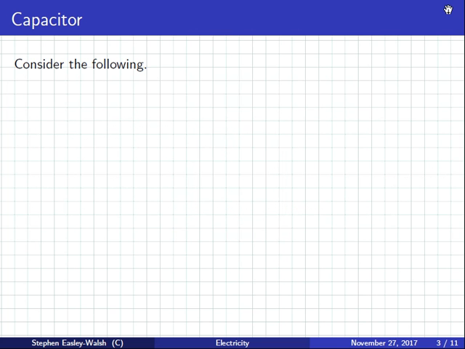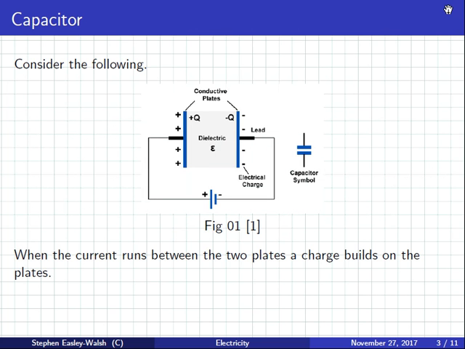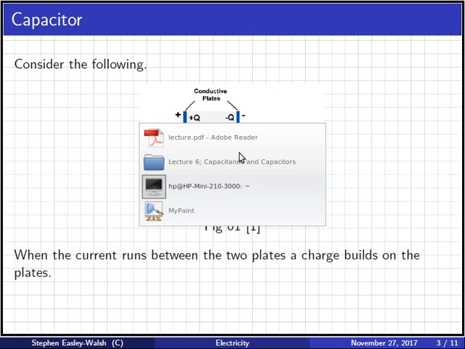So consider the following. Very simple circuit here. Very, very simple actually. What you have is a cell and two metal plates. And these metal plates are quite close together, but they don't touch. And something happens here actually.